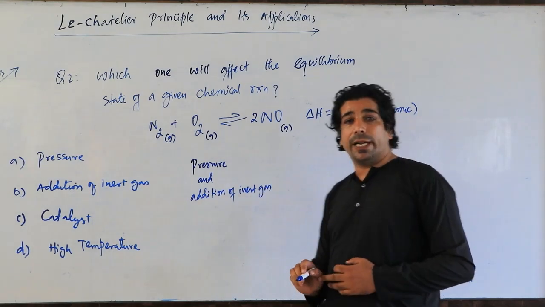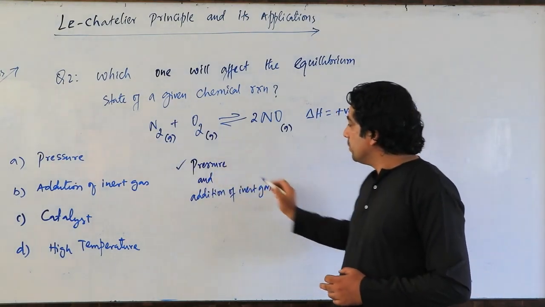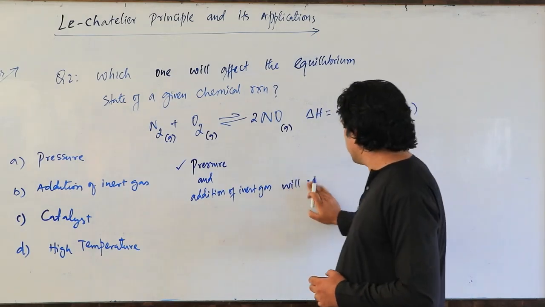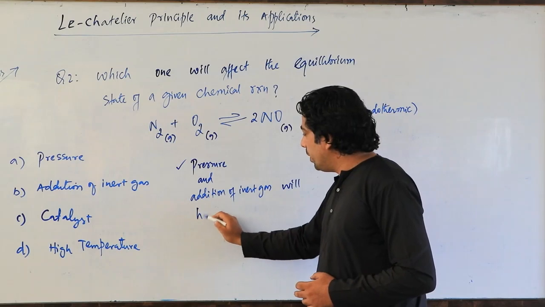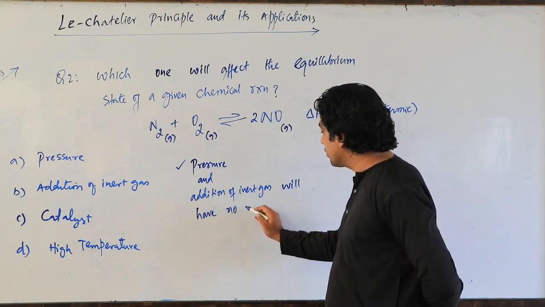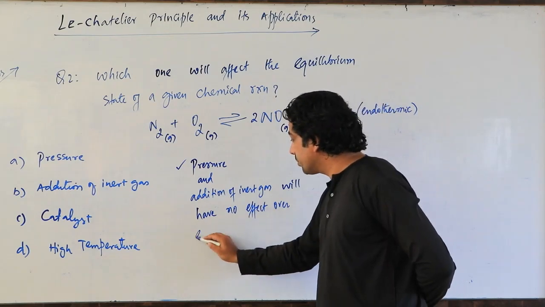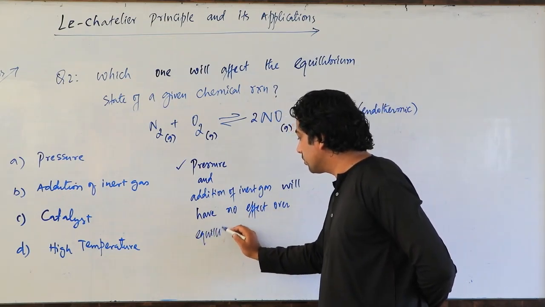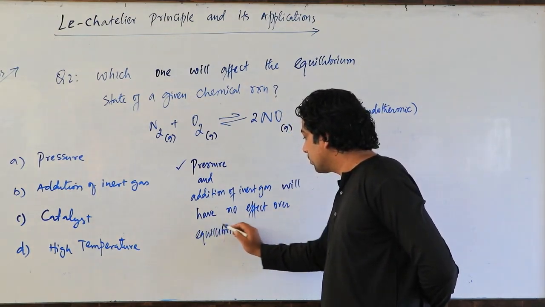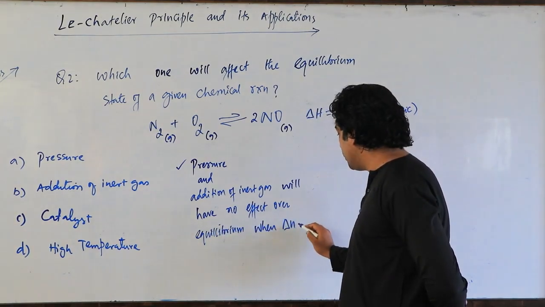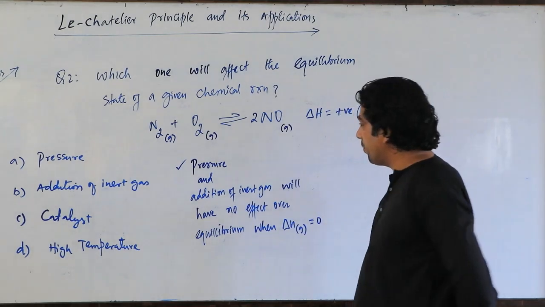So pressure and addition of inert gas will have no effect over equilibrium when delta N gaseous is equal to 0, my dear friends.